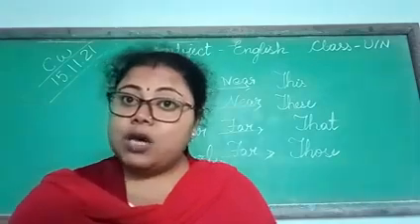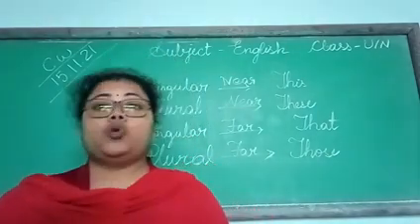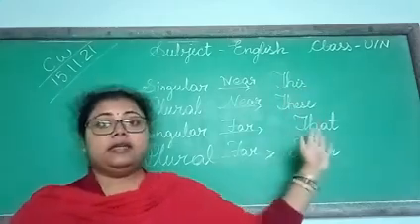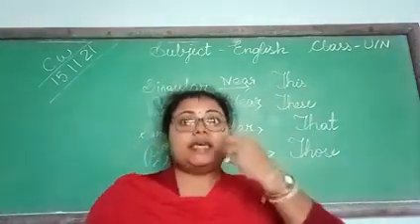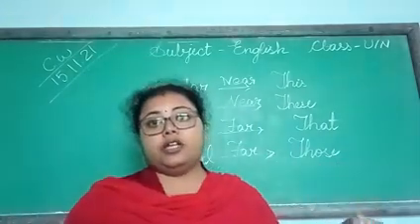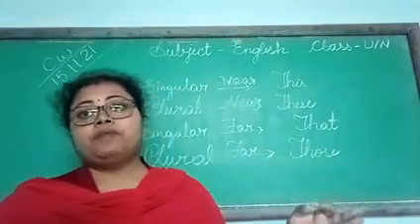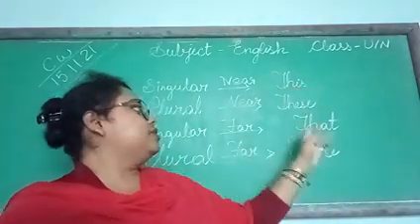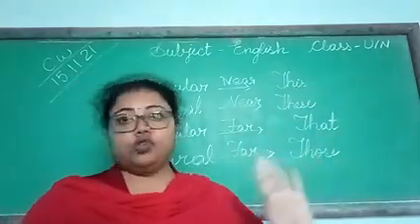Now one more thing you have to understand. Where there is this and that, beside that, to make the sentence in English, what do we use? It should be singular in number and you are saying this or that, maybe near, maybe far, no problem.